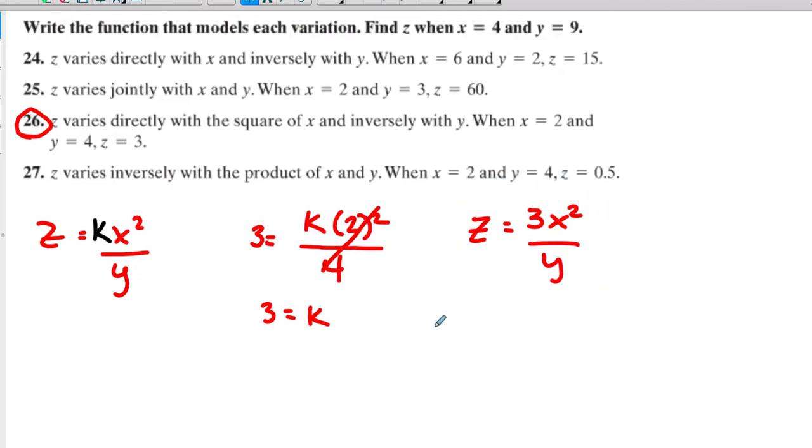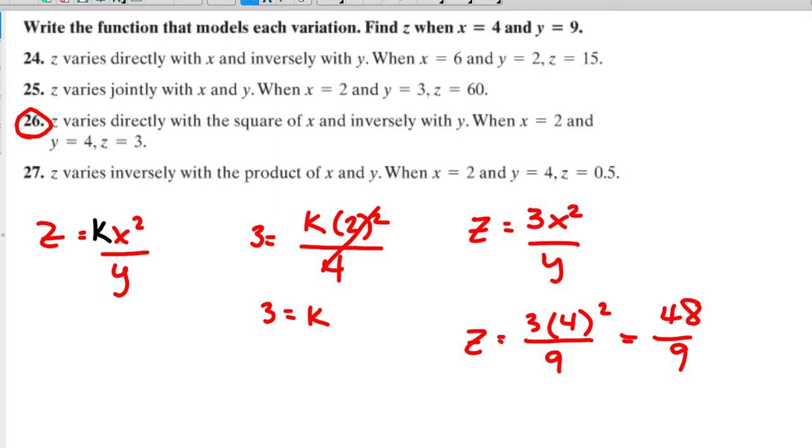And then it says find Z when X is 4 and Y is 9. So then Z equals 3 times 4 squared all over 9. 4 squared is 16. 16 times 3 is 48. So then this gives you 48 over 9.